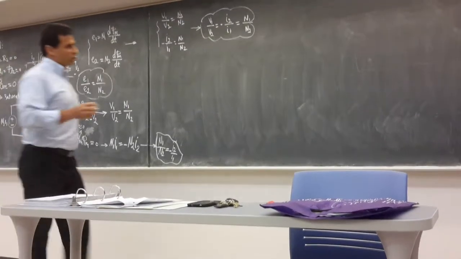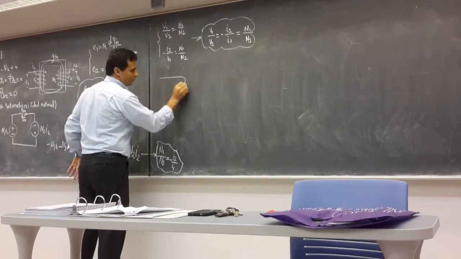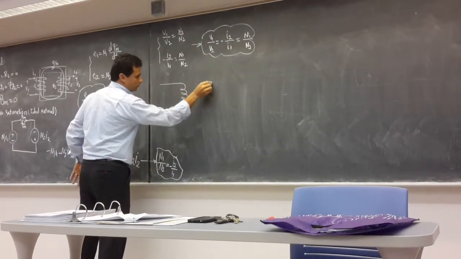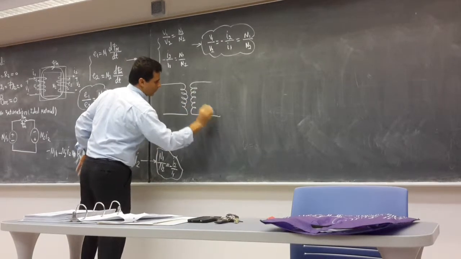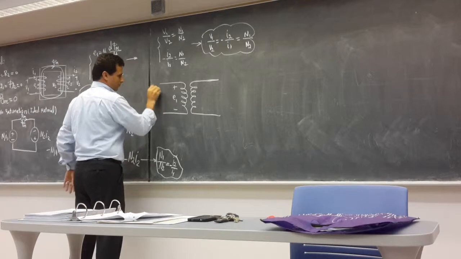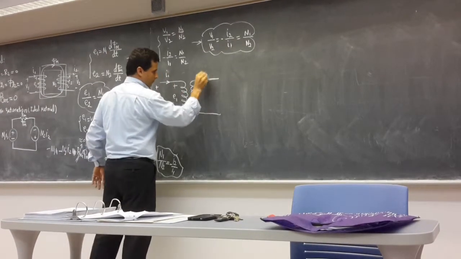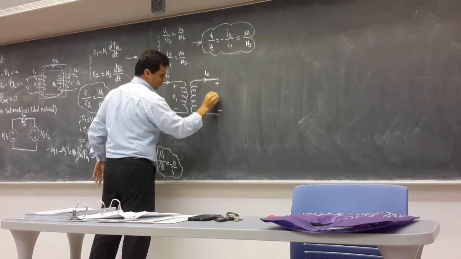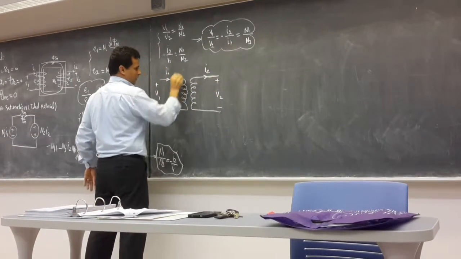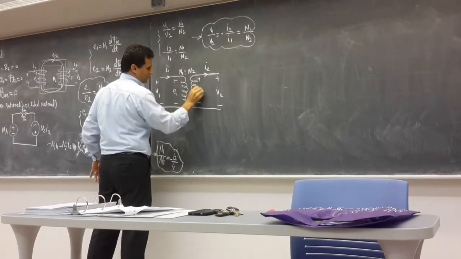Now, to show the transformer, we're not going to draw this circuit anymore. They use this symbol. This one determines the number of turns N1, this is N2, and this is E2.